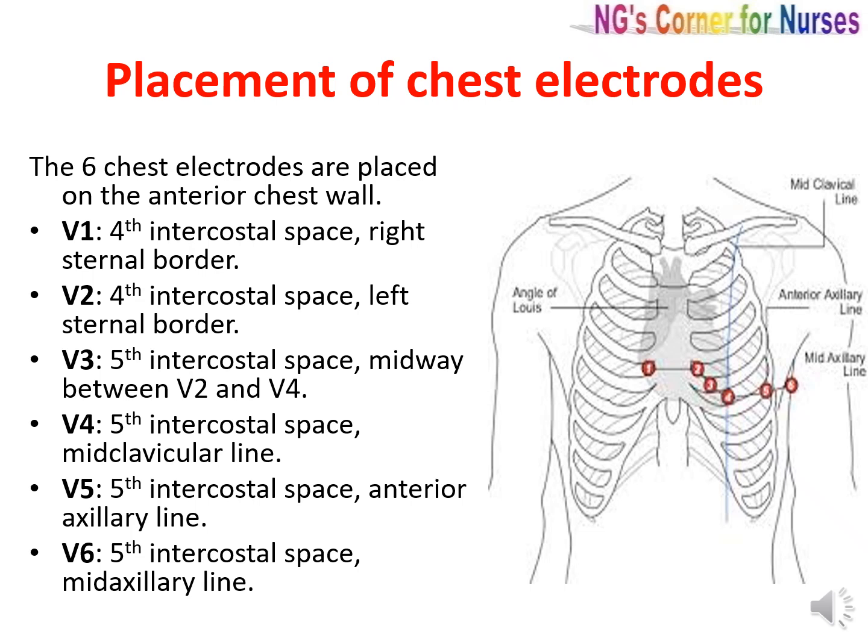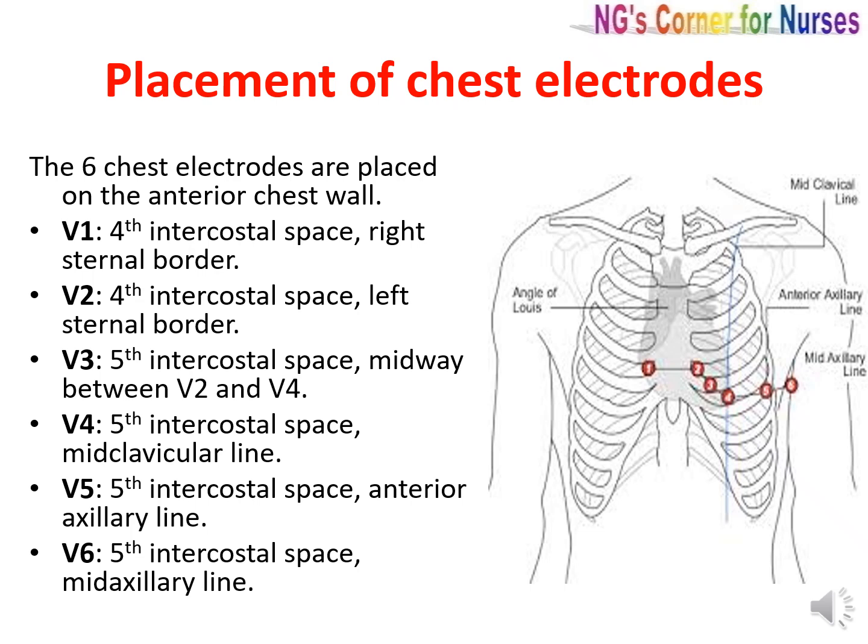First is V1. V1 should be placed on the 4th intercostal space, right sternal border. Next is V2. 4th intercostal space, left sternal border. Next, we will first place V4, the 5th intercostal space, mid-clavicular line. You can see in the picture.